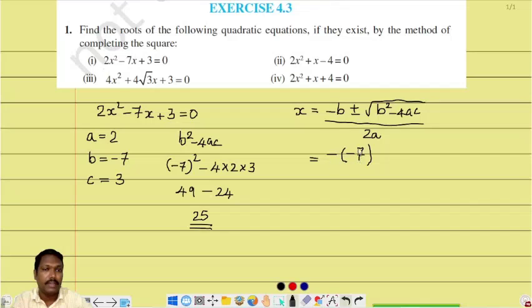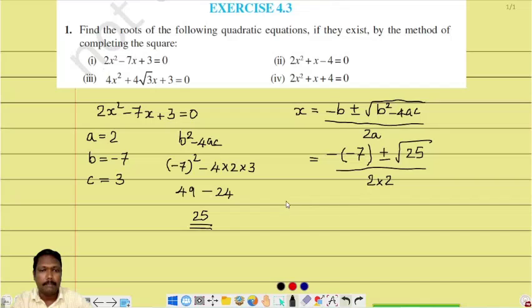Don't forget, always the children are making mistakes here. Okay. So minus of minus 7 plus or minus root of this b square minus 4ac is how much? It is 25, all divided by 2 into a, that is 2 into 2.